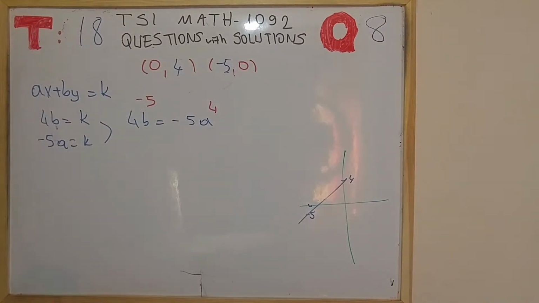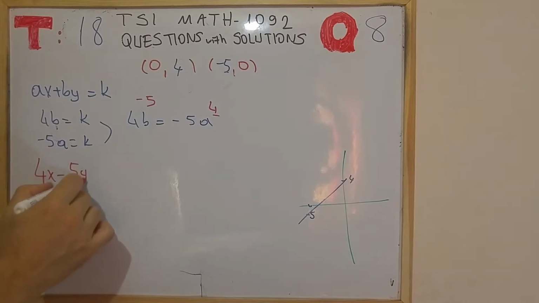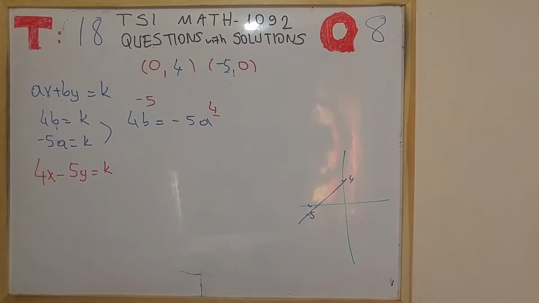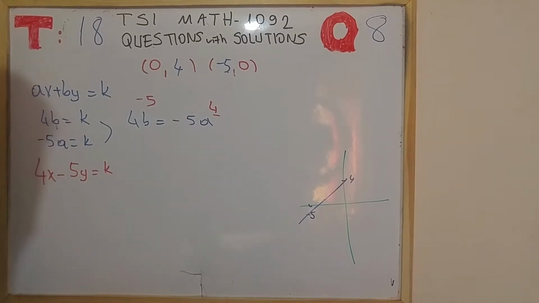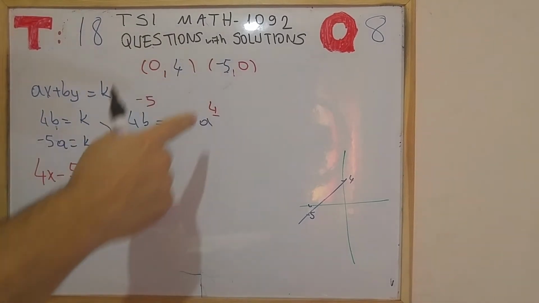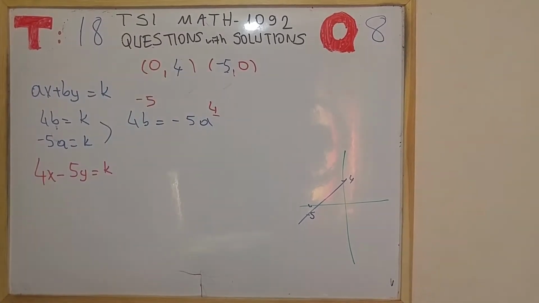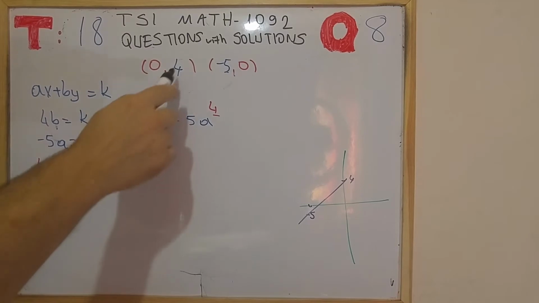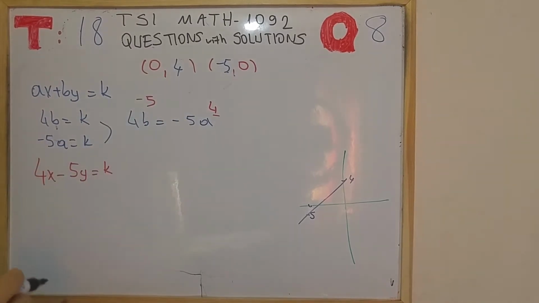So I can write this function down as 4x, 4 coming from here, minus 5y is equal to a constant that I yet don't know. Now let's find that constant out. For any point, let's take for example x is equal to 0 and y is equal to 4, k would not change.